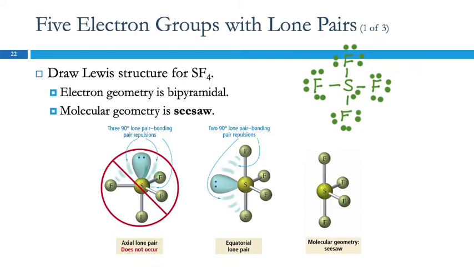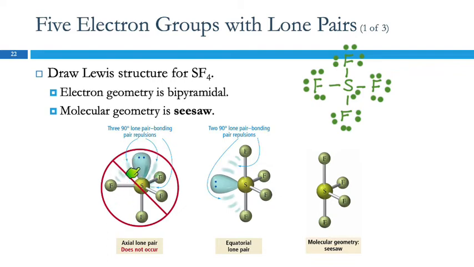So we have 5 electron groups, right? So the electron geometry is the trigonal bipyramid. So here's the trigonal bipyramid. In the trigonal bipyramid, there are 2 different types of positions. There's the axial position and there's the equatorial position. And the lone pair is more repulsive, right? So it wants to be in the place where it has the most space.